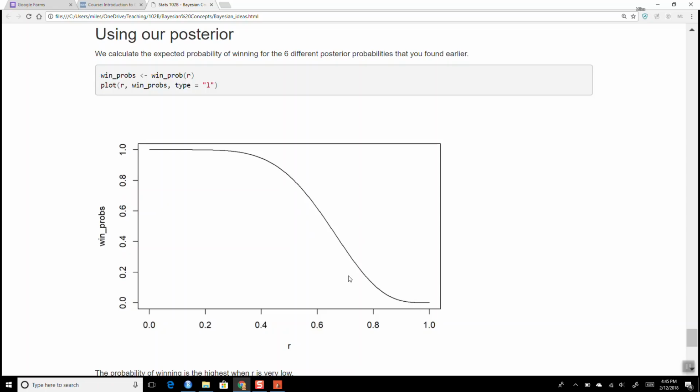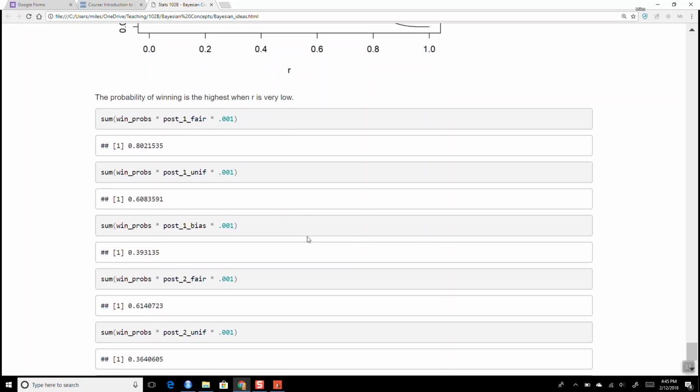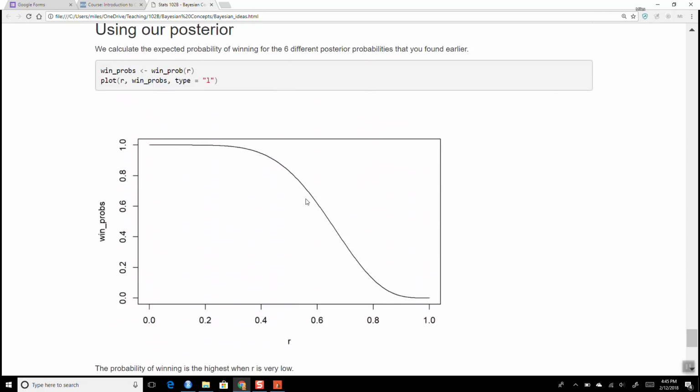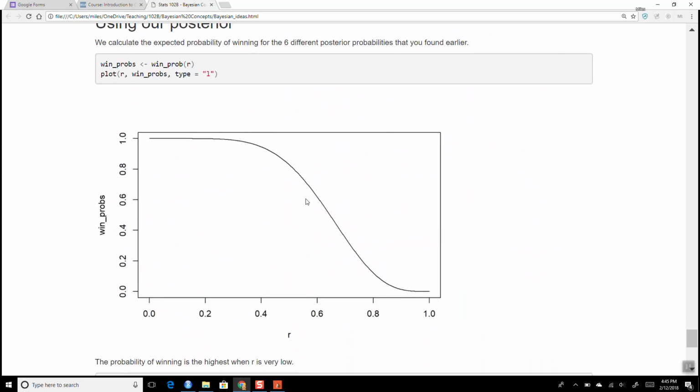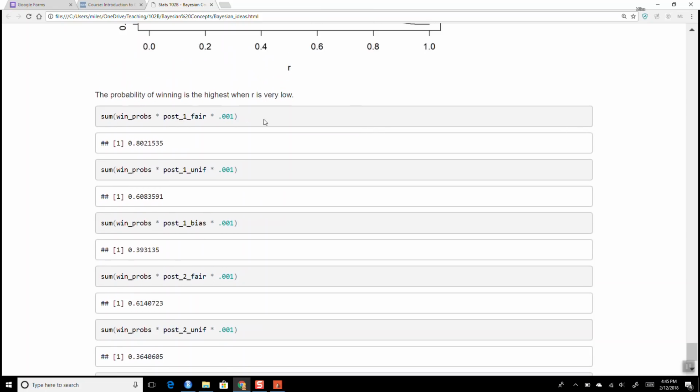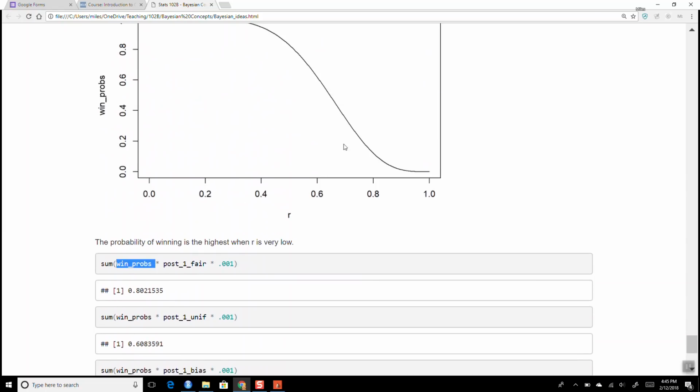And so this represents the curve for the probability of winning. Effectively, here I have 1001 values, so I've got another vector that's the same length as my posterior. To do this, we're just going to do another Riemann sum. I take this vector of win probabilities.